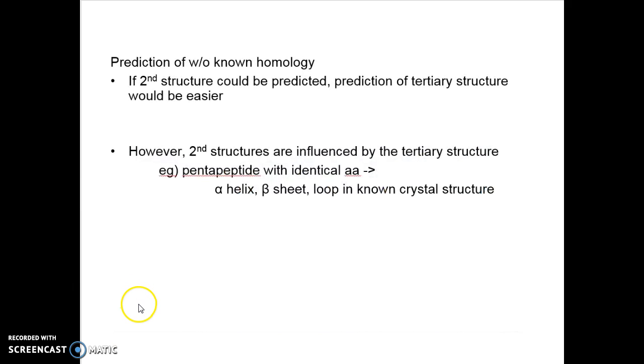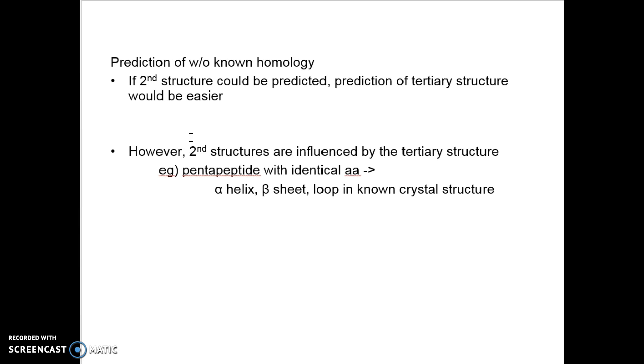Next, how can we predict the structure of a novel protein that doesn't have any known homologous proteins in the data bank? It's not a simple thing. Once the correct secondary structures are known, we may assemble the tertiary structure by packing the secondary elements against each other.